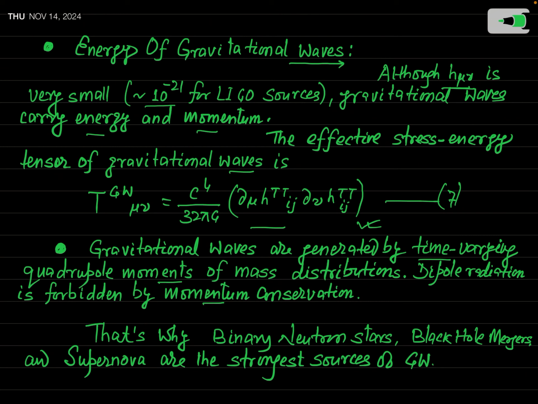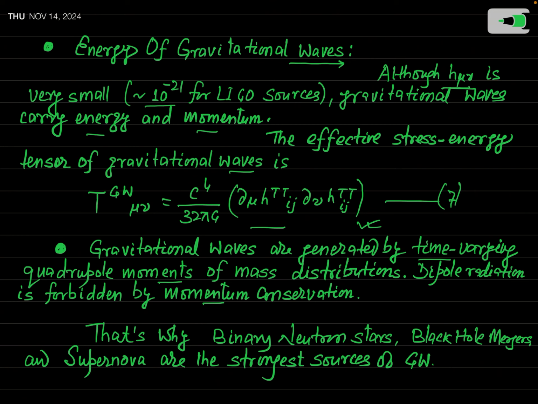I have mentioned this fact, I have not explained it. But in our forthcoming video, I will try to explain how we can say that gravitational waves are generated by the time dependent quadrupole moments of mass distribution, not by dipole radiation. So remember that gravitational waves are generated by time varying quadrupole moments of the mass distribution.